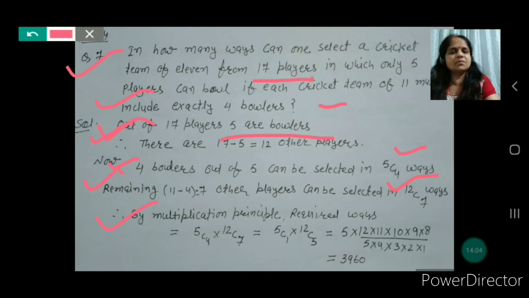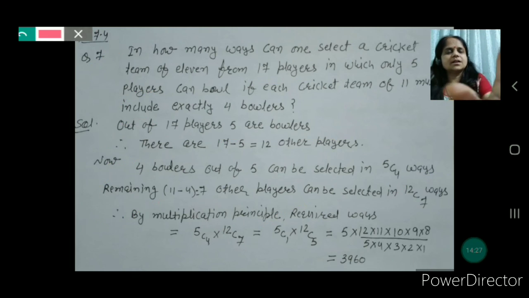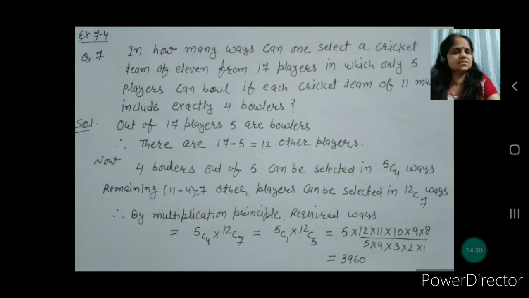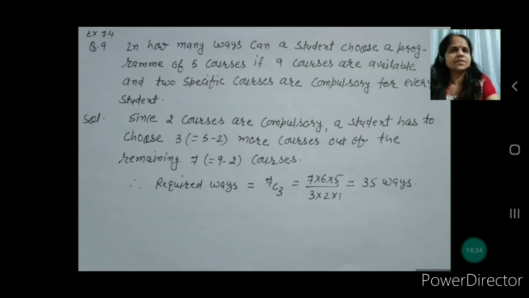Now multiply this, so it is 5C4 into 12C7. 5C4 means 5C1, and here it is 12C5. If you don't convert this, then also you can find the correct answer, but it makes the calculation easier. Now solve it, you will get the answer. Answer is 3960.